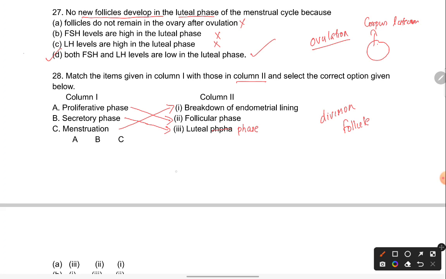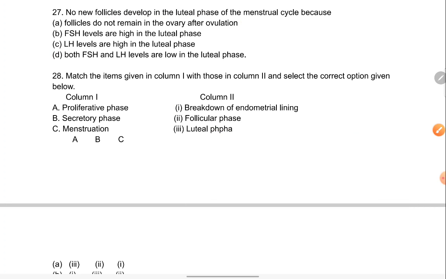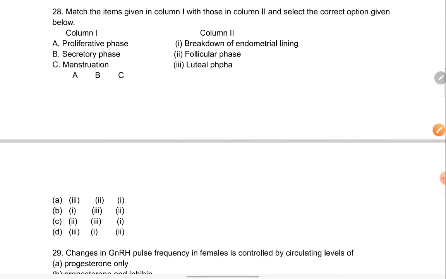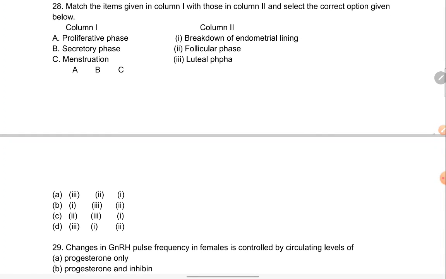The order will be A 2, B 3 and C 1. 2, 3, 1. We can see whether any such option exists. 2, 3, 1, that is option C. So C is the correct answer.